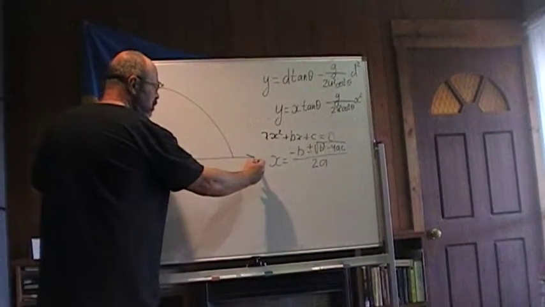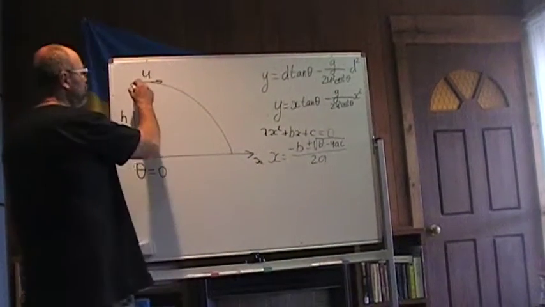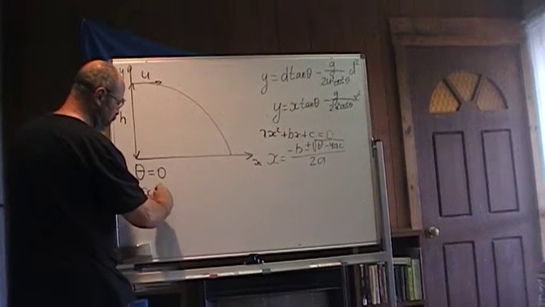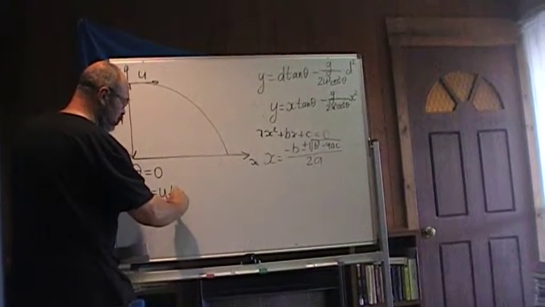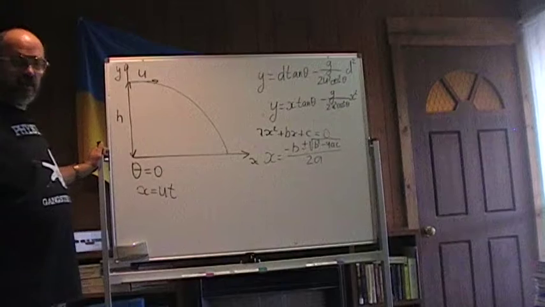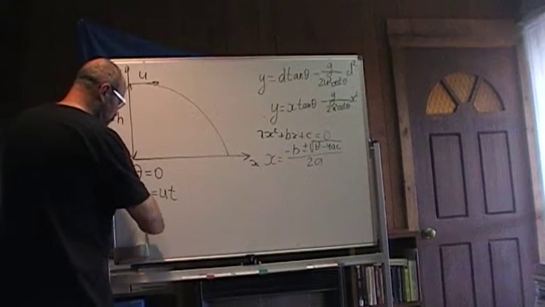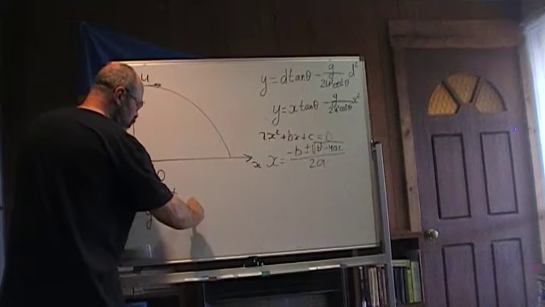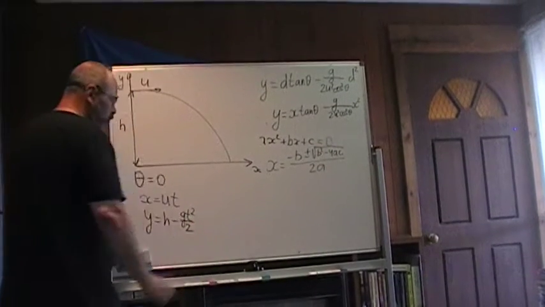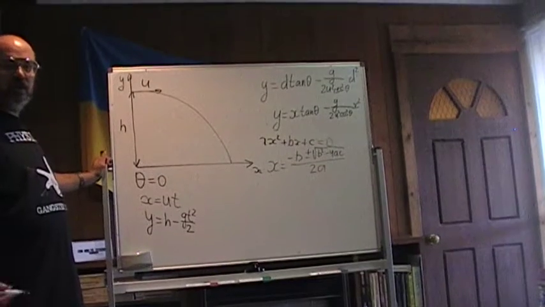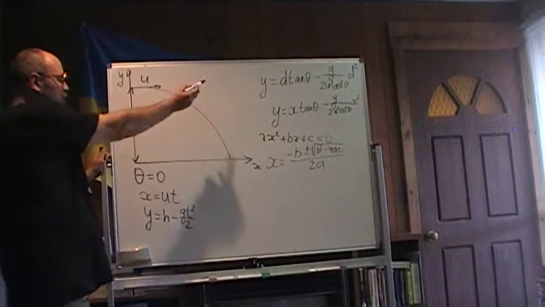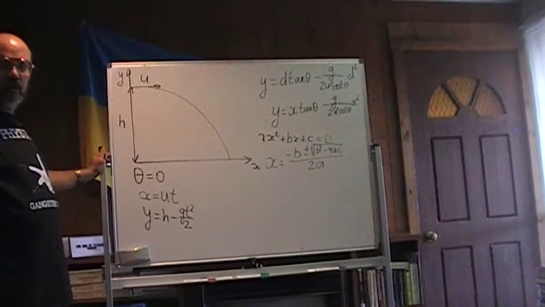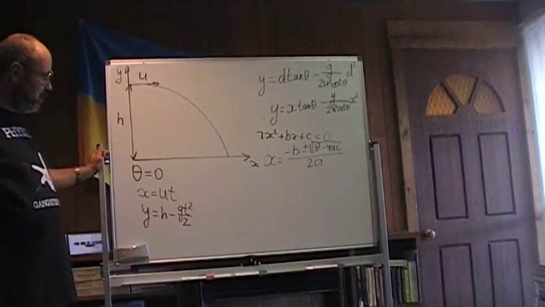So we again use x and y. The equation in x will be x equals just ut, because cos 0 is 1. The equation in y will be h minus gt squared on 2, because sine 0 is 0. So if the initial velocity is directed horizontally, that will be the equation of motion in the vertical direction.